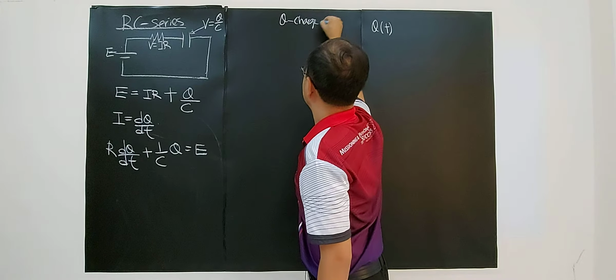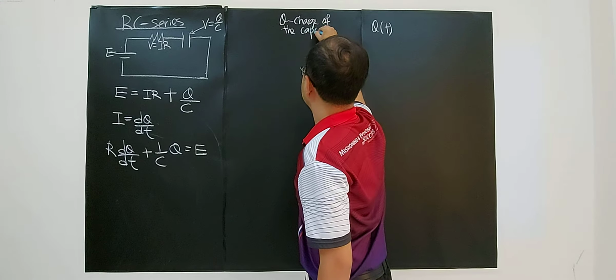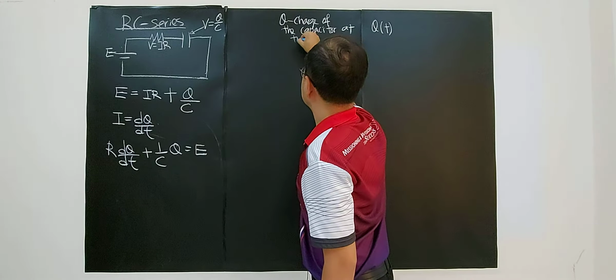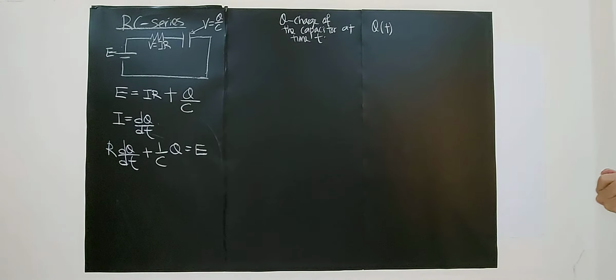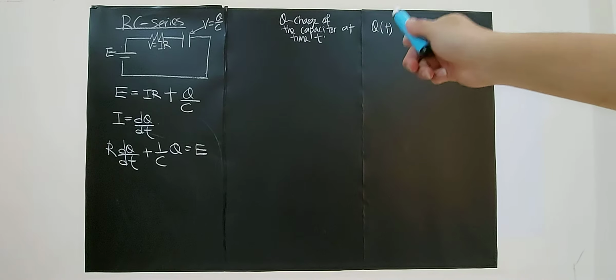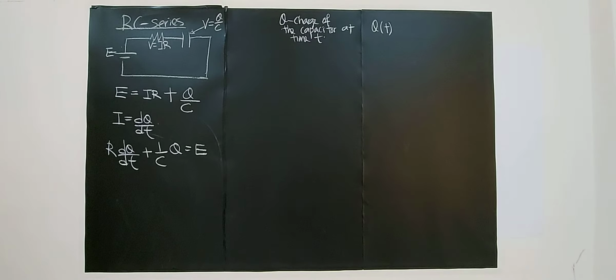So we must have a target. Our target here is to find the formula. We want to help the physicists find the formula for the charge of the capacitor at time t. We need to have knowledge of differential equations. That's what we call the application of differential equations.